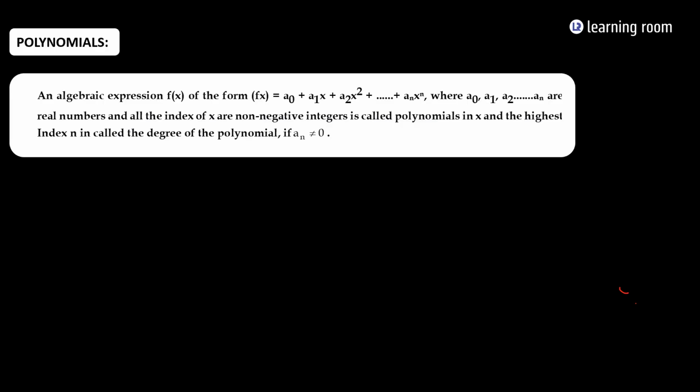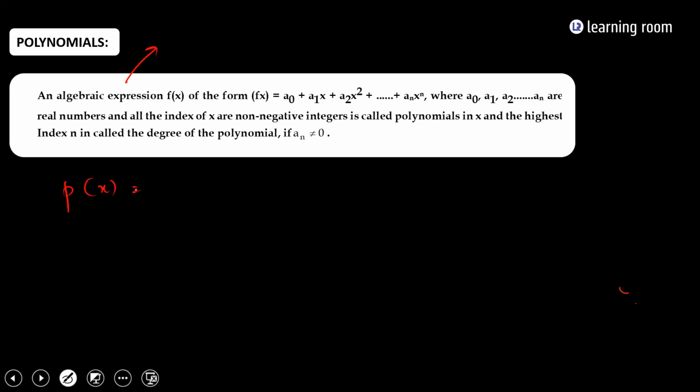So can someone tell me what is a polynomial? A quick revision. So this you have been learning since last year. So basically, what is a polynomial? It is an expression. So it is an algebraic expression where you write something as P of X, right?